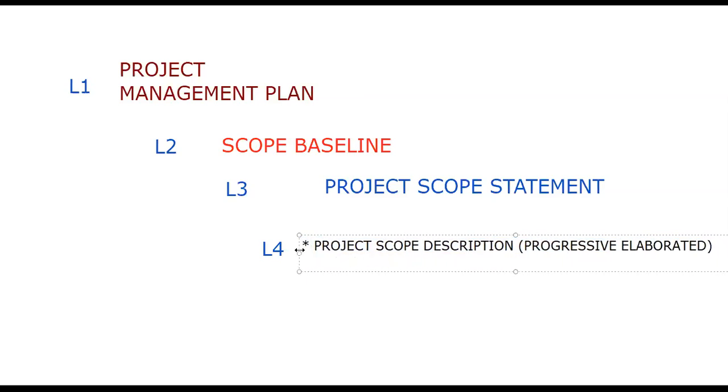This is just one item. The other items at level 4 here are project deliverables. In other words, a description of the deliverables in detail. Project deliverables. Remember, they're talking about the detail, not the deliverable itself.